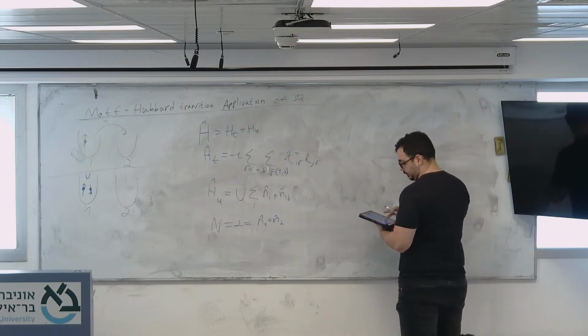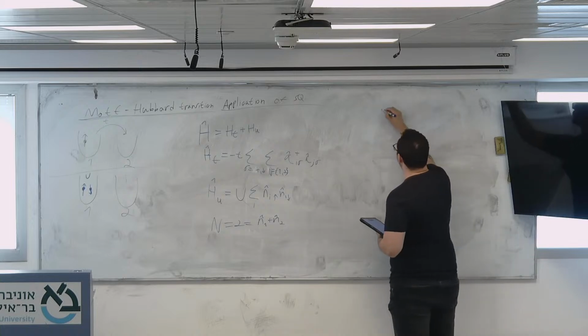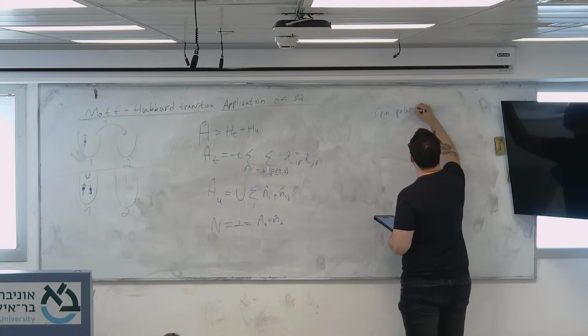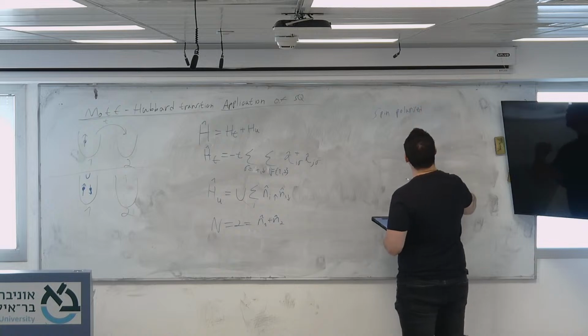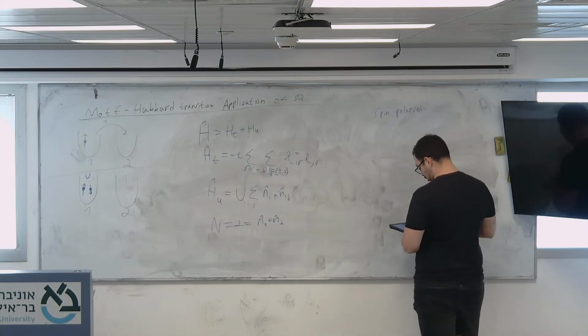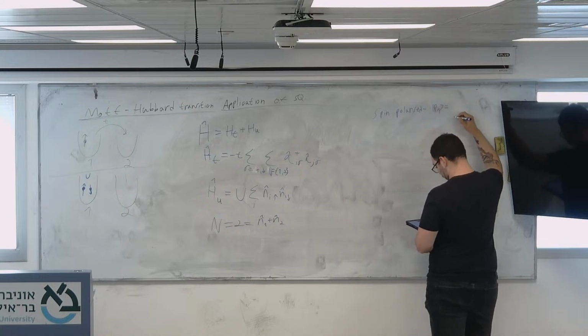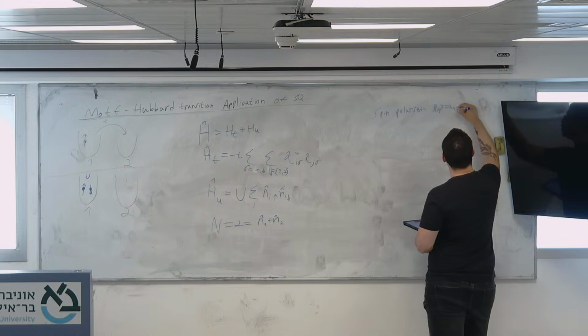First of all, we have what we call the spin polarized state, which we write as P equals P2.